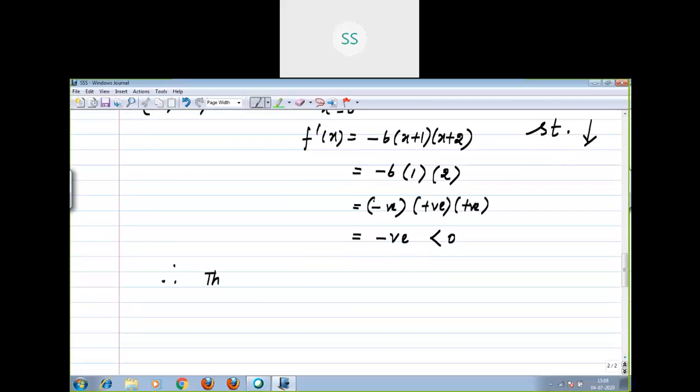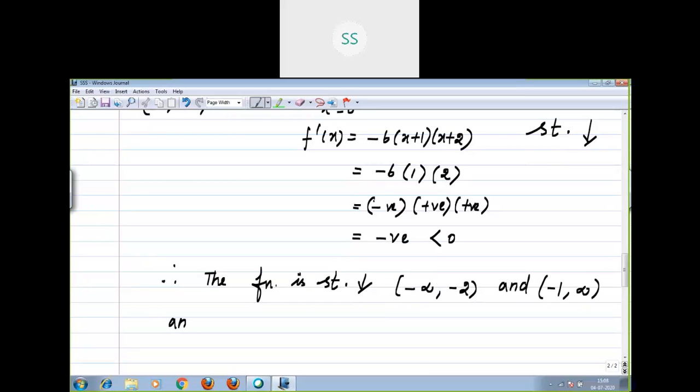Therefore, the function is strictly decreasing in the interval minus infinity to minus 2 and, very good, minus 1 to infinity.